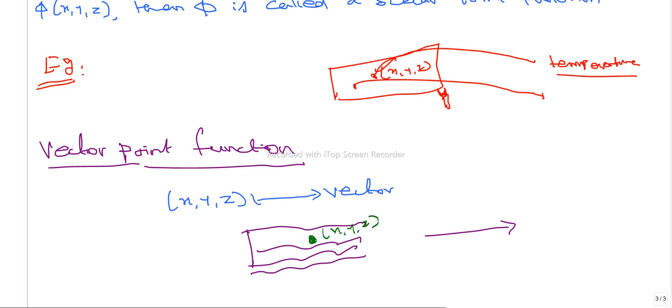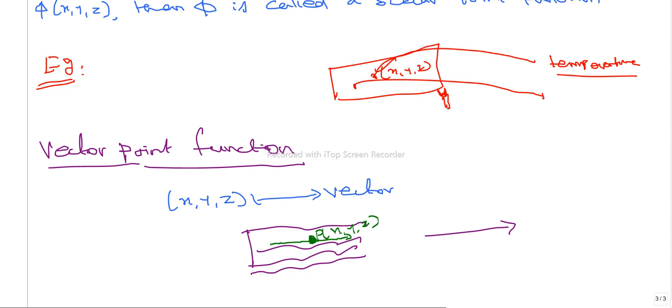I am talking about the velocity at this point. Suppose the flow crosses the point, which we can call P. Now I check what the velocity is at this point.